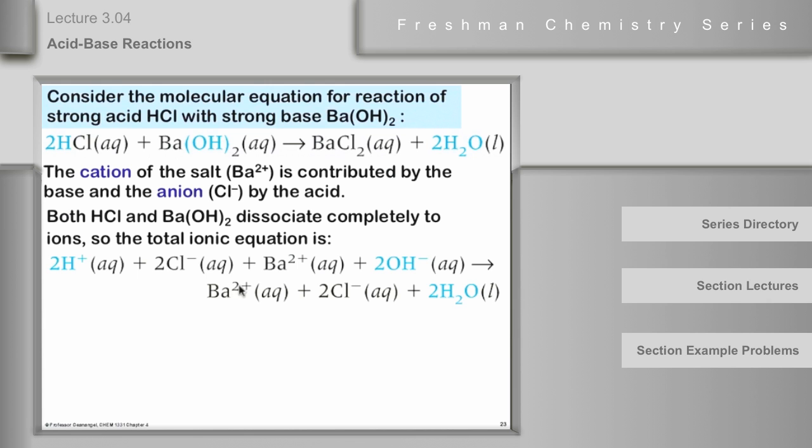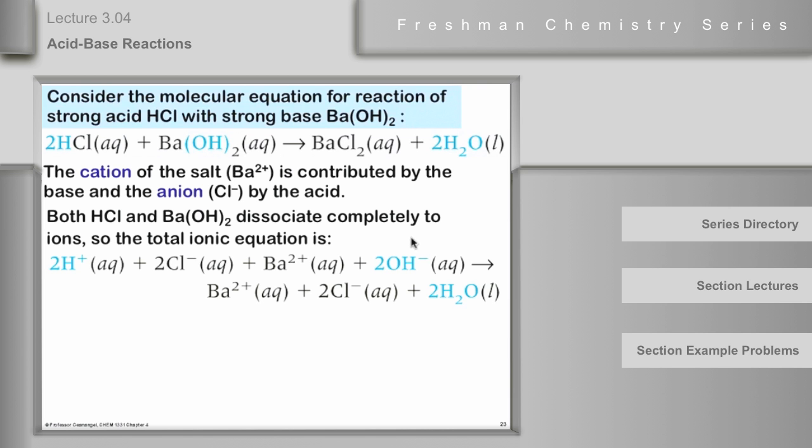And then on this side, the barium ion and the chloride ion come respectively from the base and the acid, and the water, indicated in blue here, comes from the 2H plus and the 2OH minus. So does this qualify as an ionic reaction? What do you think?